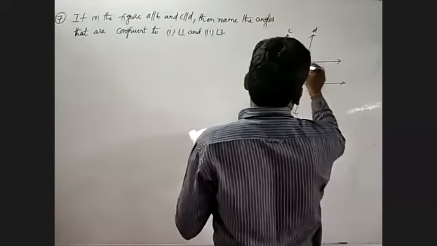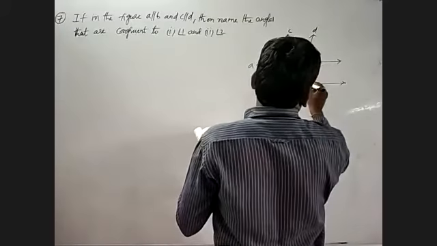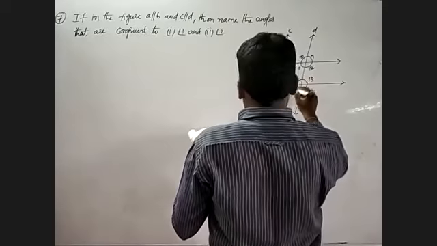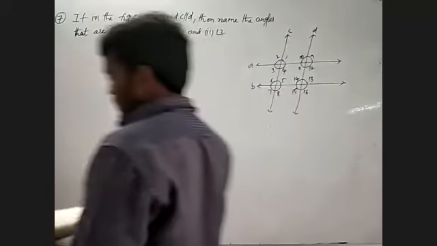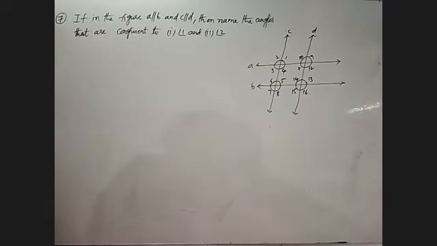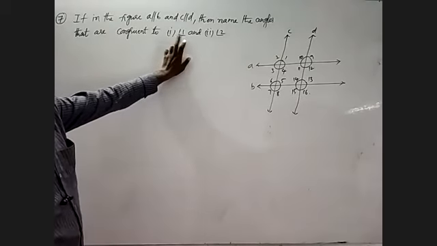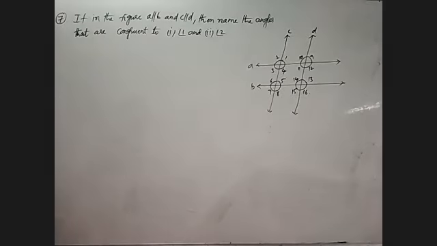Again 9, 10, 11, 12. Again 13, 14, 15 and 16. You observe by the problem what is congruent to angle 1 and what is congruent to angle 2.